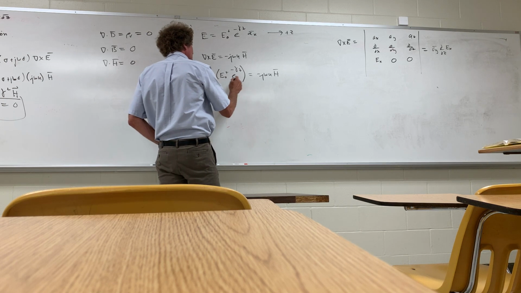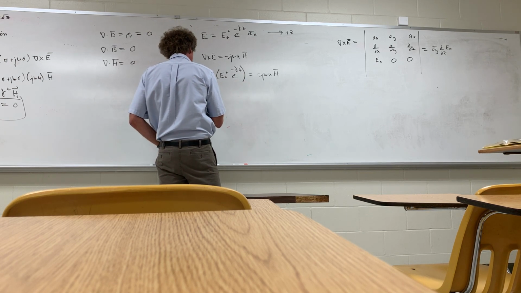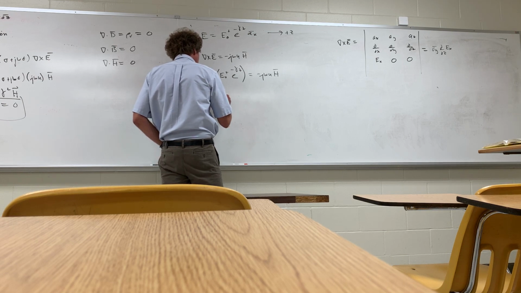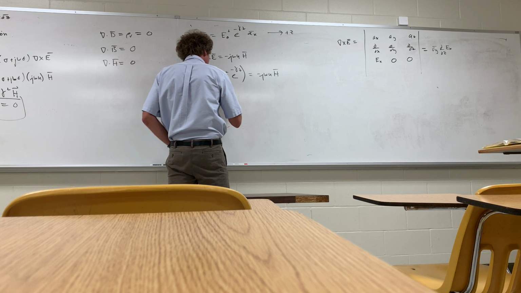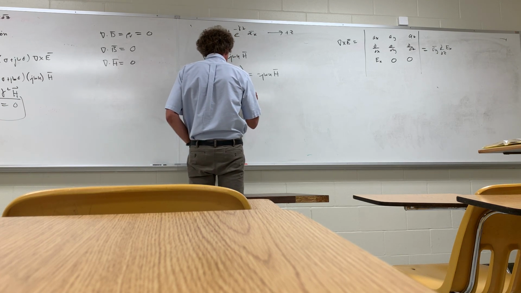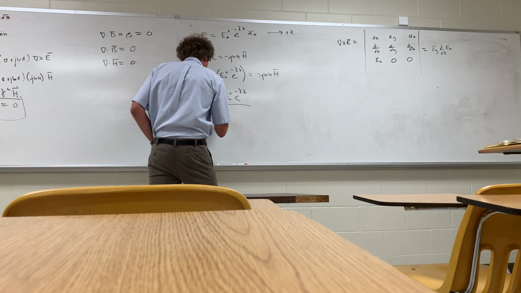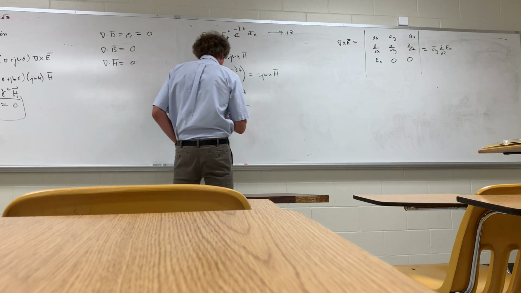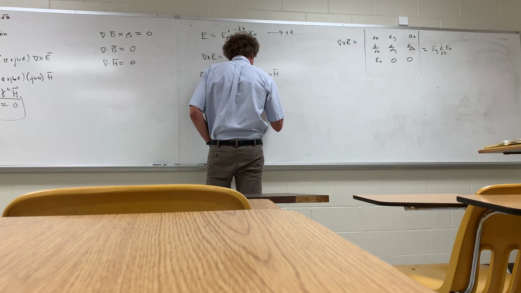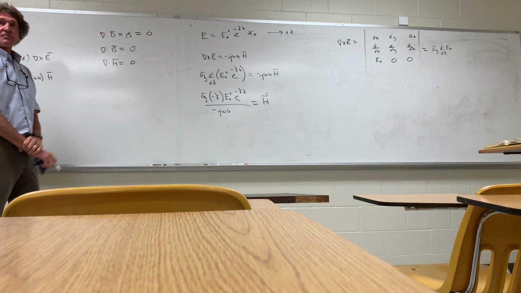I take a derivative of this with respect to z, which brings out a minus gamma. So I get the a_y direction, I get minus gamma, and I have E naught plus, I have e to the minus gamma z, and then I divide by minus j omega mu, and I have my H field. I'm going to clean it up in a second. Do you all see what I've done here?